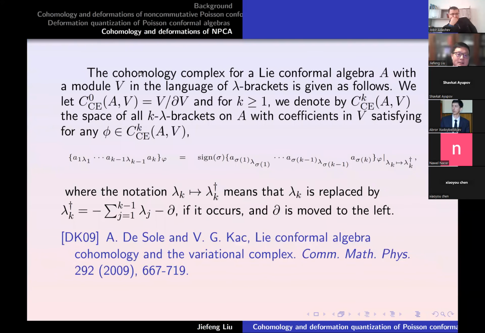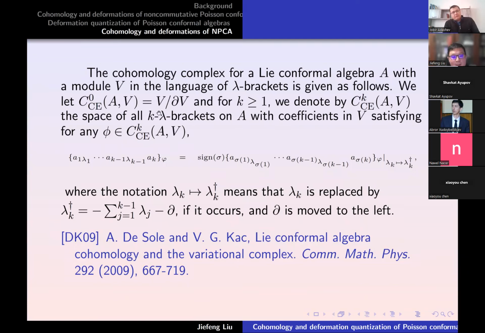Now, we also recall the cohomology theory of the conformal algebra. The cohomology complex for the conformal algebra A with a module V in the language of lambda brackets is given as follows.